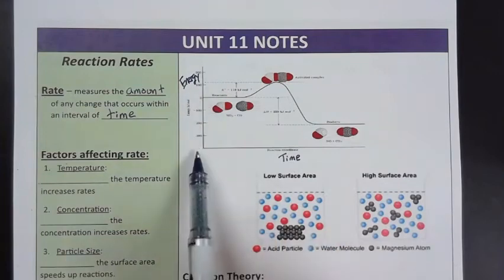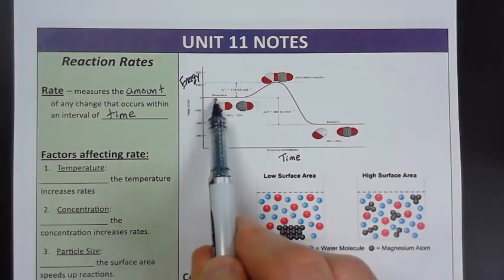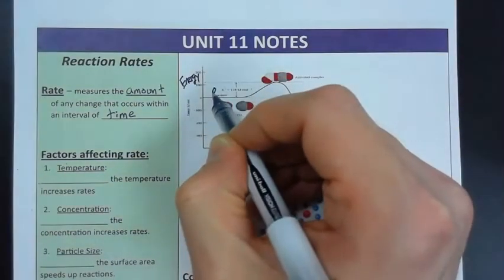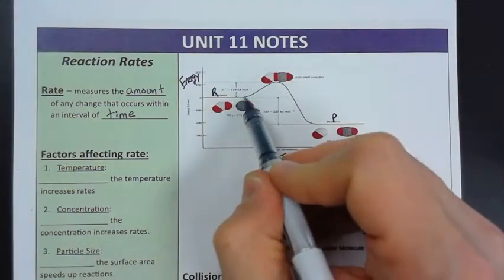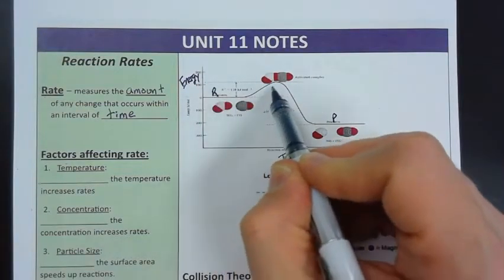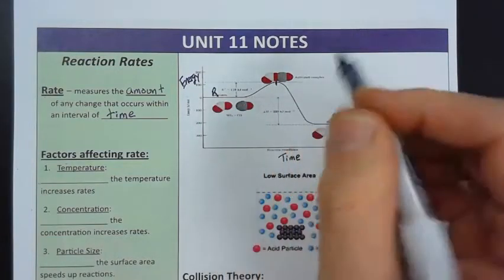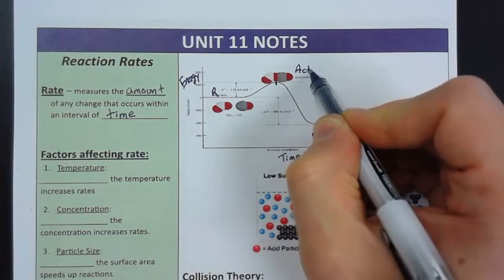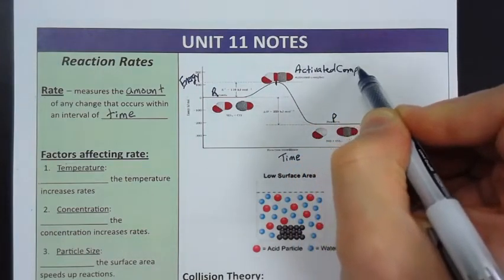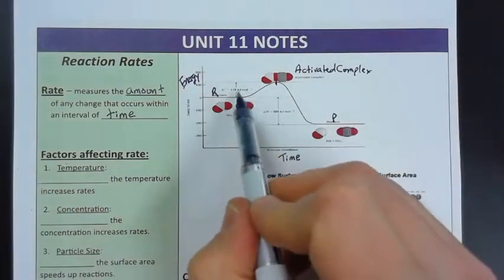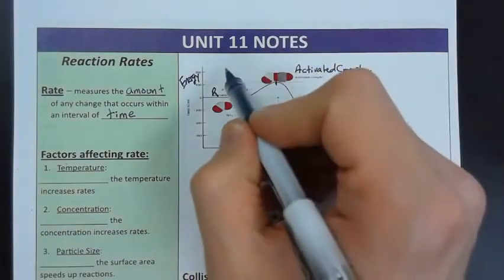So at the beginning of a reaction at time 0, we're starting as reactants, we're ending as products, and then that hill to go from the reactants to meet this necessary energy, which we refer to as our activated complex, there was a required amount of energy that had to occur, and that's the key part here.